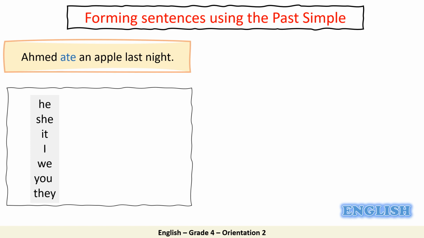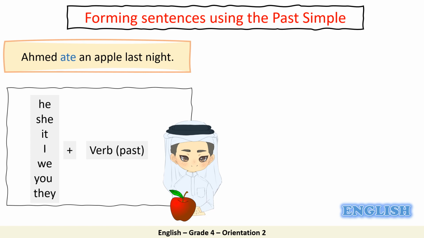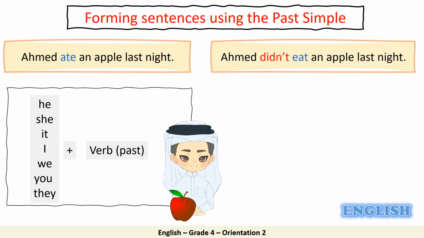We start with he, she, it, I, we, you, they, or a name of one person, or more than one person. Then we use the verb in the past. Let's go over the negative. We would say, Ahmed didn't eat an apple last night.